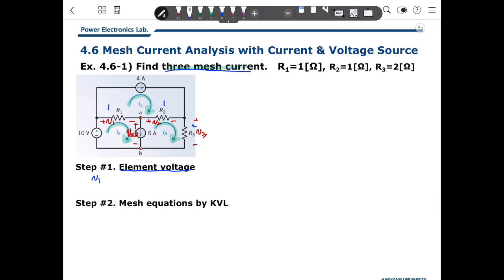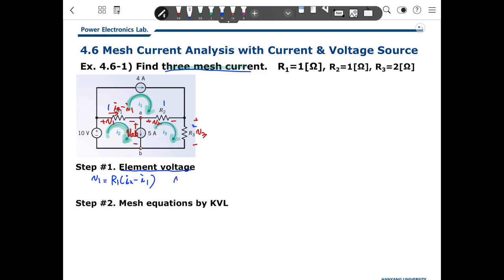And what is V1? R1 belongs to the first mesh and also the second mesh. So the current here in this way is I2 minus I1. So V1 is R1 times (I2 minus I1).